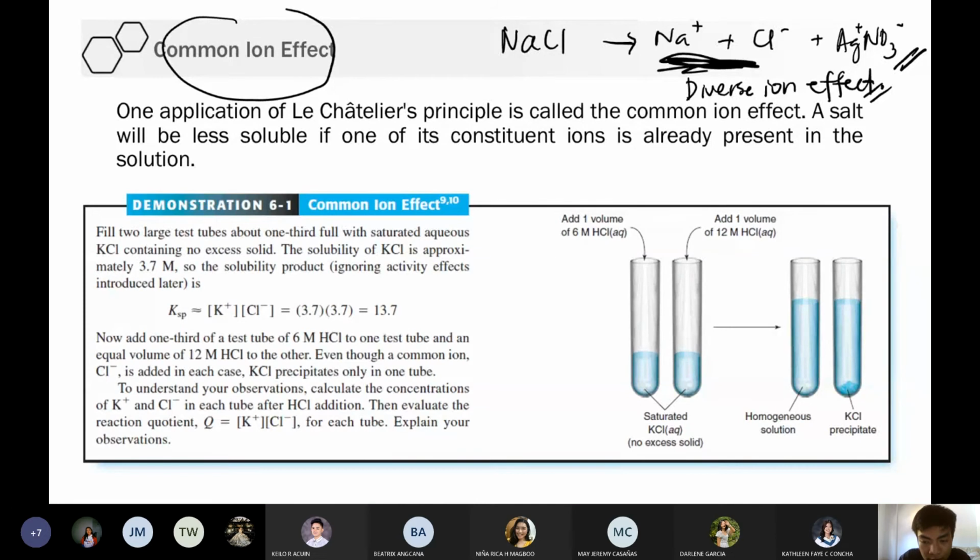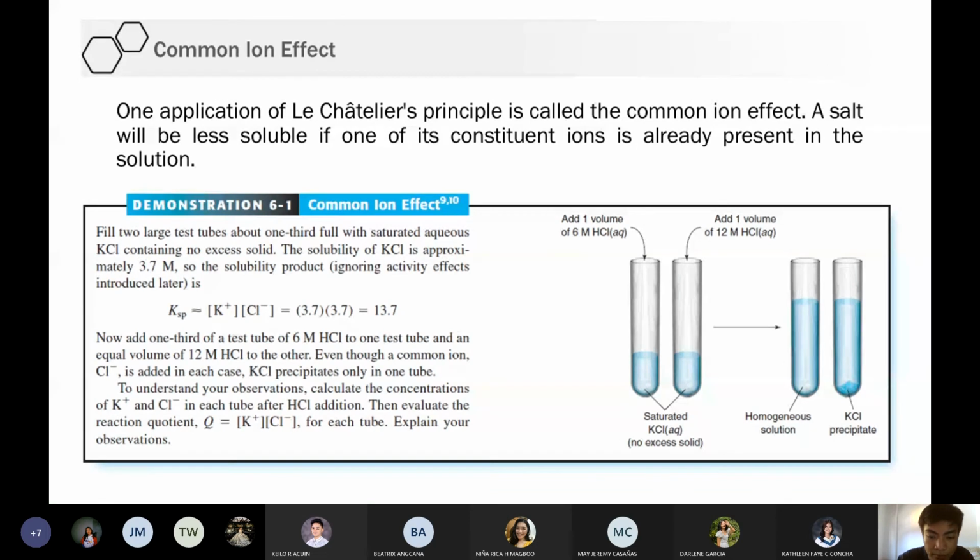So by next meeting on chapter 4, the last chapter before the midterms, we will still use algebra, because we will be talking about equilibrium again with diverse ions. So that will be all for chapter 3.